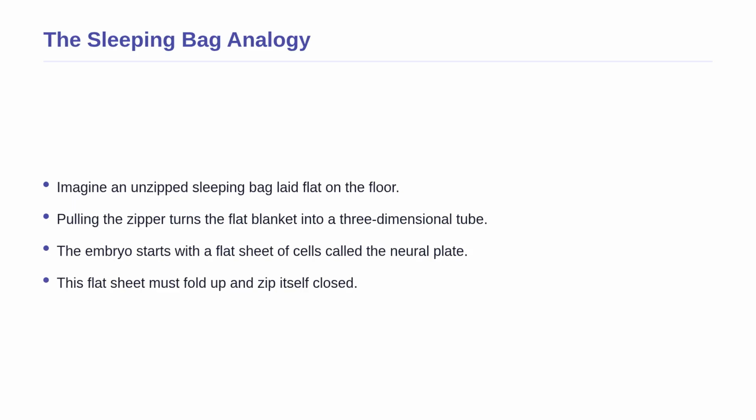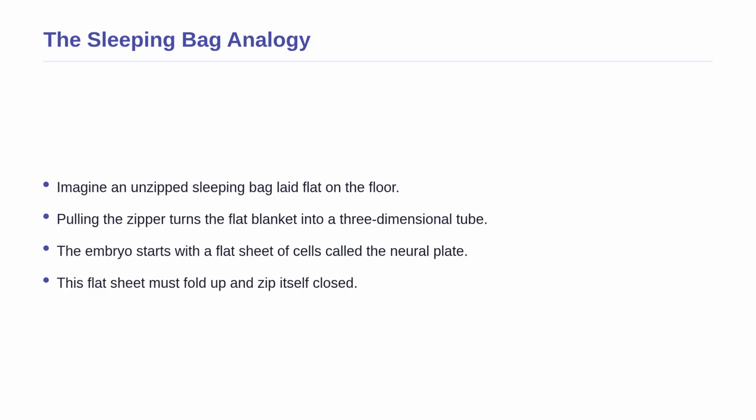Now that we know what topic we are exploring, let us start with a simple analogy. Imagine you are lying in a sleeping bag that is completely unzipped and laid out flat on the floor. To get warm, you grab the edges and pull the zipper all the way up, turning that flat blanket into a cozy three-dimensional tube.